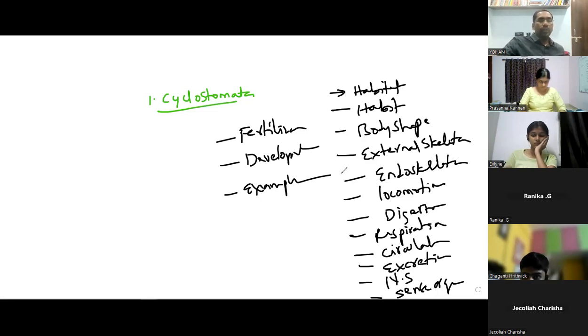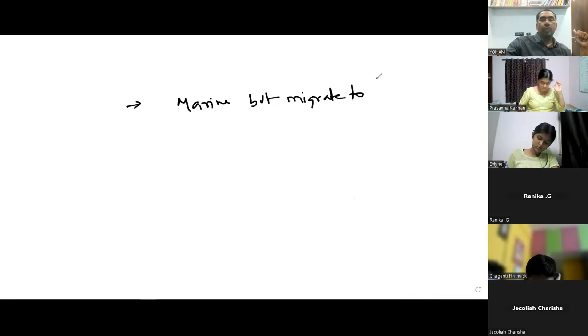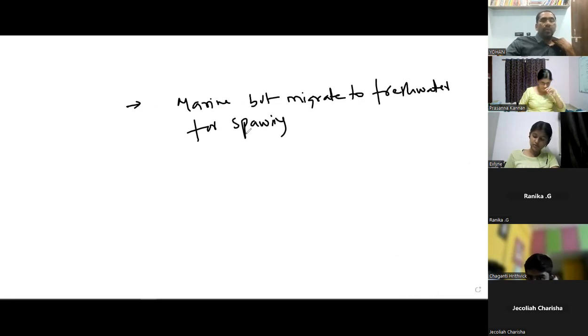Now, cyclostomata. What is habitat? They are marine, but migrate to freshwater for spawning. This point was given in last para. What is meant by spawning?